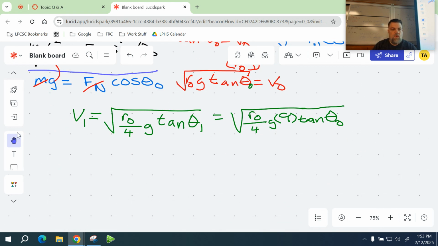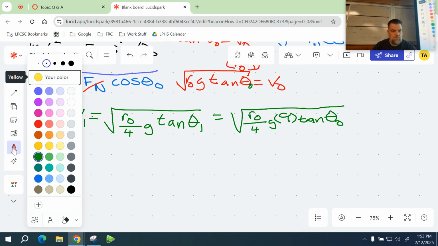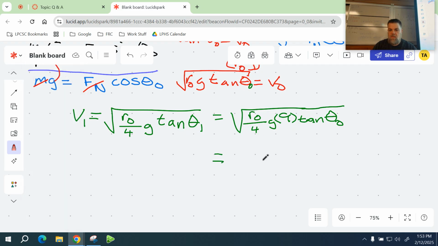Okay, well, we're almost done. So in the next line, over here, I can pull this out. Since all of these are being multiplied, that's the same as saying the square root of 9 over 4 times the square root of r naught times g times tangent of theta naught.